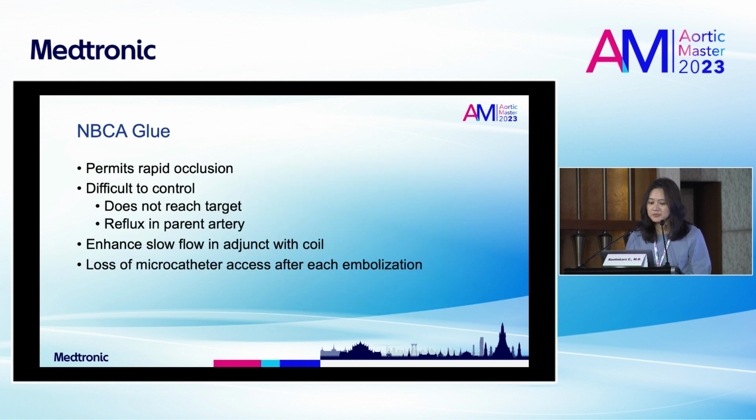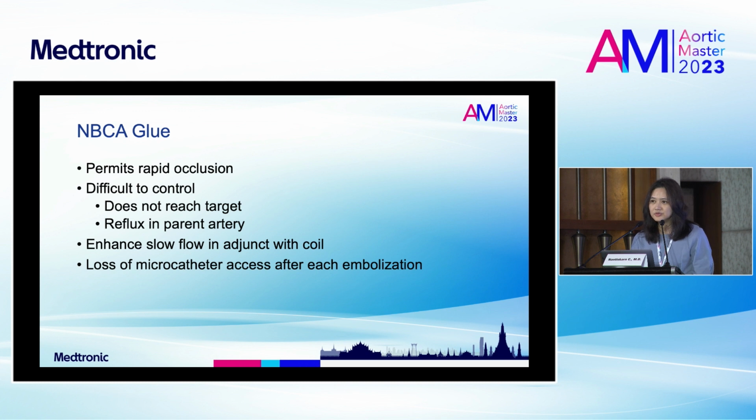For glue, it permits rapid occlusion, but it's quite difficult to control because it can form a cast at the tip of the catheter quite rapidly, and it may not reach the target that you want to embolize and may reflux to the parent artery and cause non-target embolization.